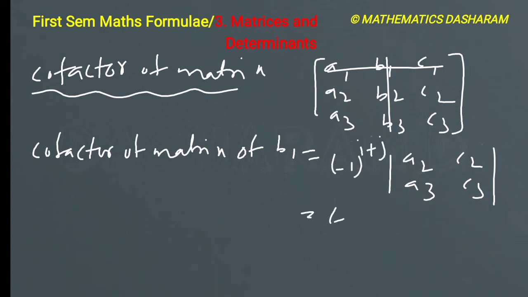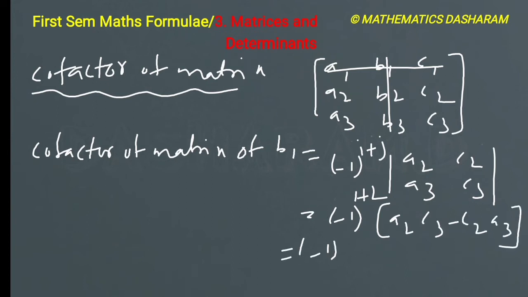It is in the first row and second column, and the determinant is A2 C3 minus C2 A3. Minus 1 whole power 1 plus 2 is 3, so minus 1 whole cube is minus 1. So minus 1 multiply with the determinant answer A2 C3 minus C2 A3. In this way you can find out the cofactor of every element of a matrix.